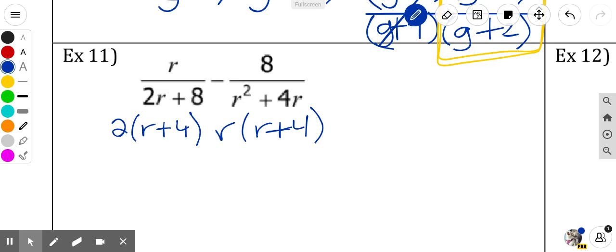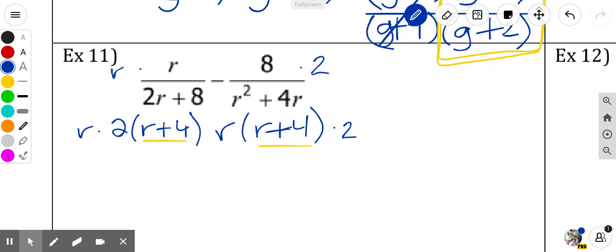Okay, so now let's compare these denominators. Notice the r plus 4 is common, which is great. The bottom left has a 2, the bottom right has an r. So all that means is to make these the same, the bottom left needs an r on the bottom and the top. The bottom right needs a 2 on the bottom and the top. Remember, anything you add to the bottom has to go to the top as well.